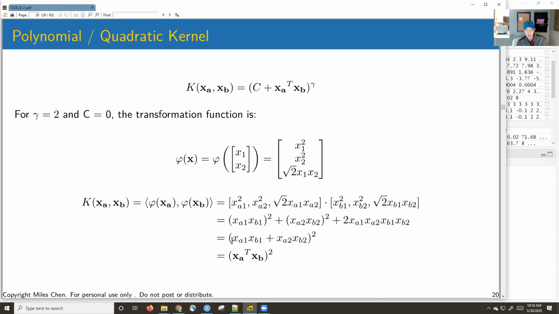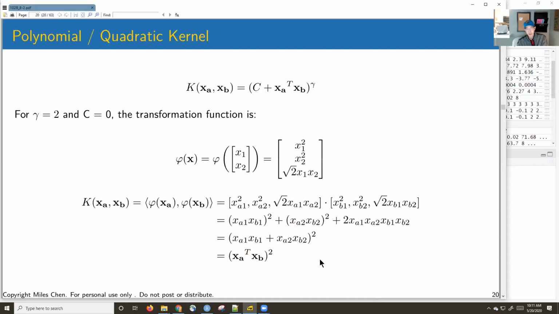And we can see that this is xa1, xb1 plus xa2, xb2 quantity squared, right? So we have this whole thing squared plus this whole thing squared plus 2 this times this. So this ends up just being taking the dot product of xa and xb, xa transpose xb is going to be this, and then taking that quantity and squaring it.